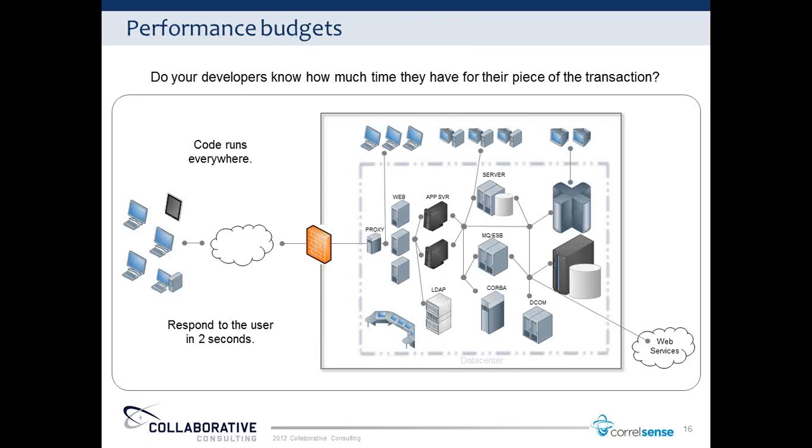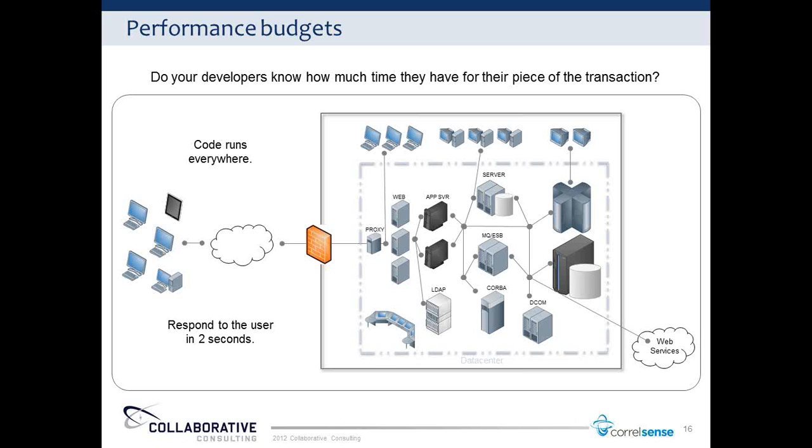And one of the things to pass along, and that is used occasionally, is called a performance budget with the development team, making them aware that, as you see in a complex environment, they're not the whole transaction. They're just a piece. In that transaction, you may only have 100 milliseconds to complete, or you might need 300 milliseconds to complete. And part of the architect's role is to communicate that downward on those key business transactions, letting people know that code does run everywhere.